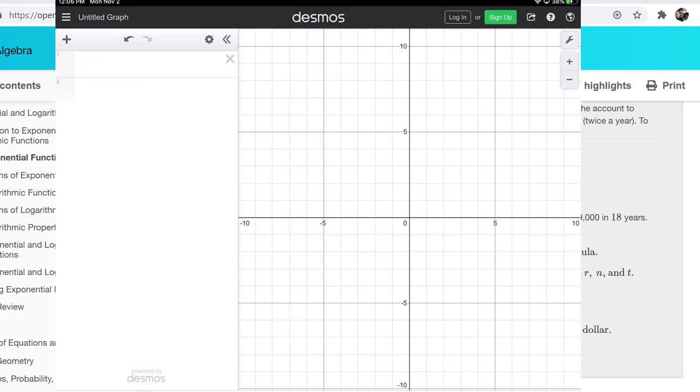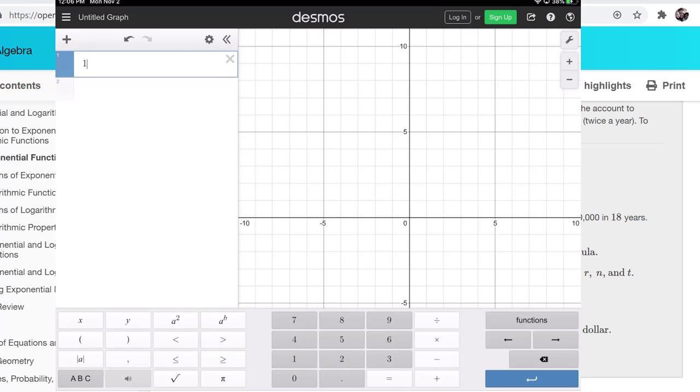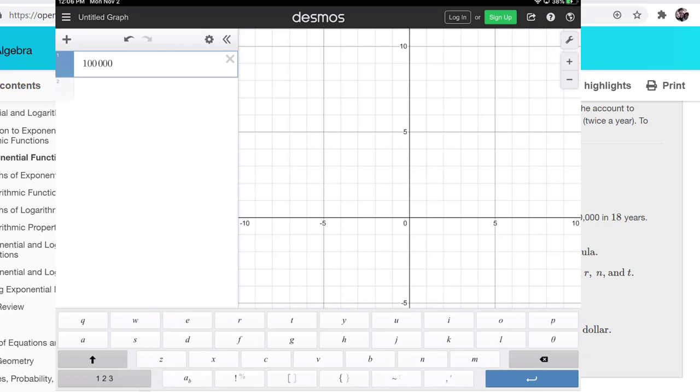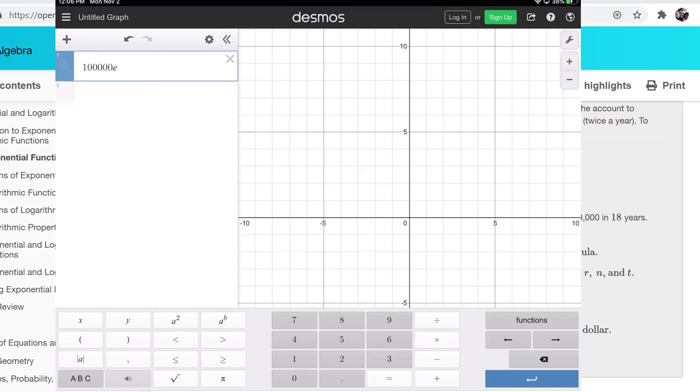So if we type in 100,000 times e to the r, which they said was 0.12, times t, which is 30.